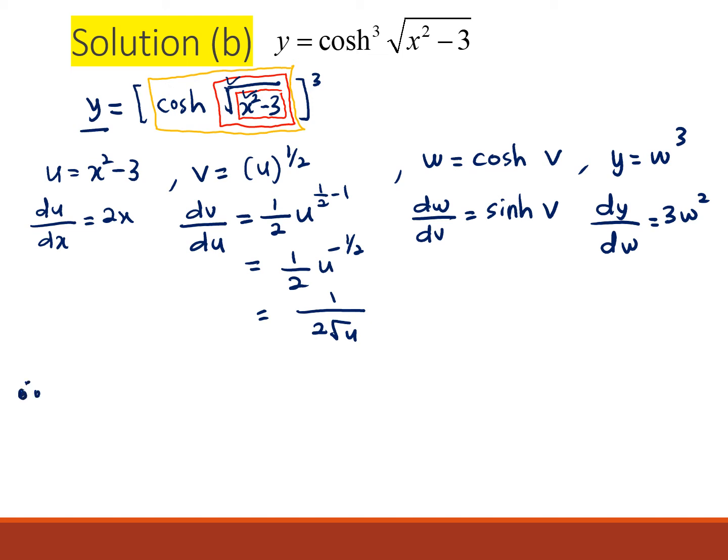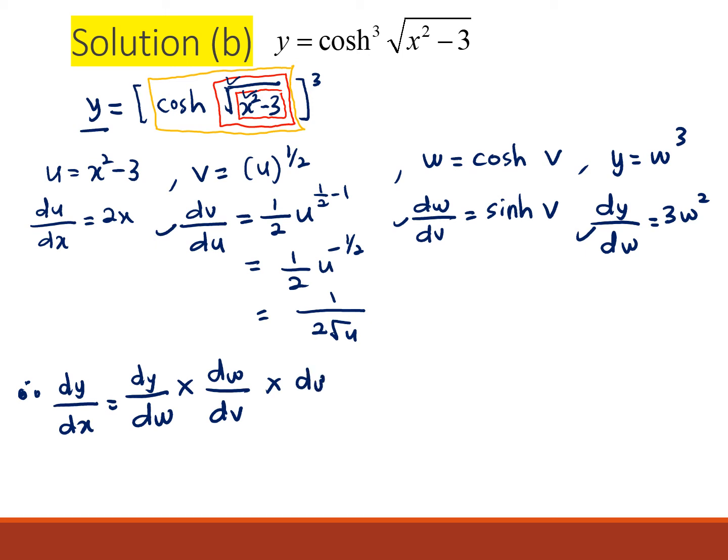Now we can find the derivative dy over dx by taking dy over dw times dw over dv times dv over du times du over dx.